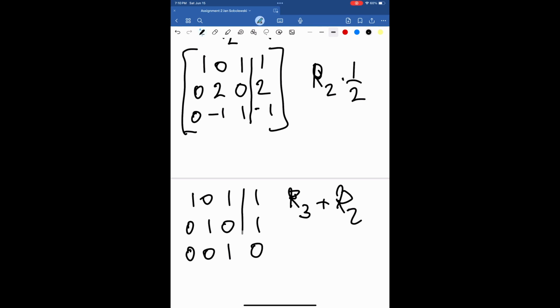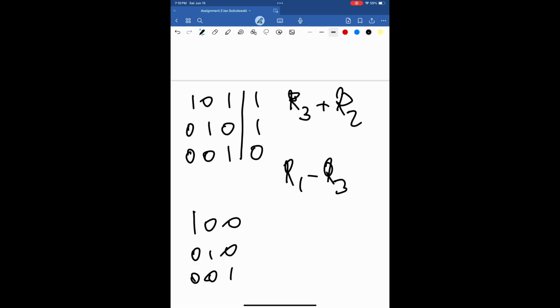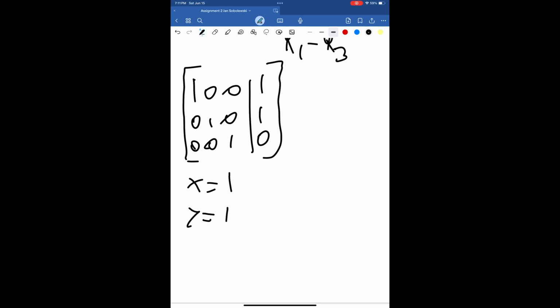So we got this system, and now we just do R1 minus R3, and we got row echelon form with the solution 1 and 0. That means x equals 1, y equals 1, z equals 0. And it's consistent.